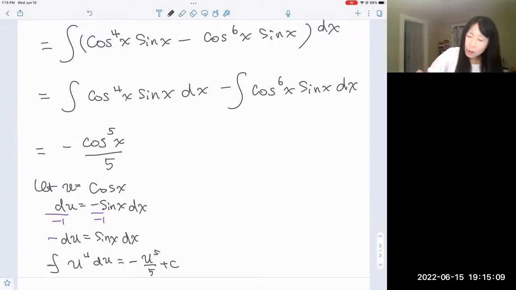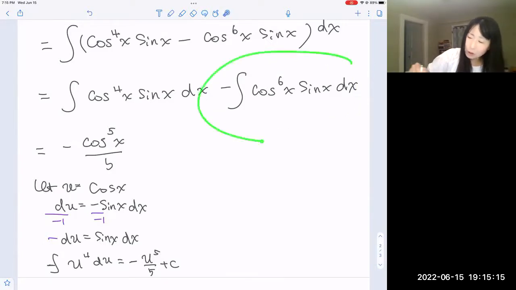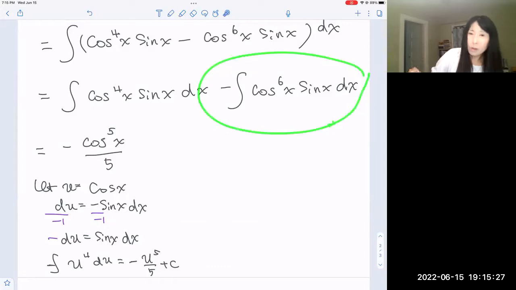Now we notice this part too, right? What do you get when you integrate? It's very similar to this one.